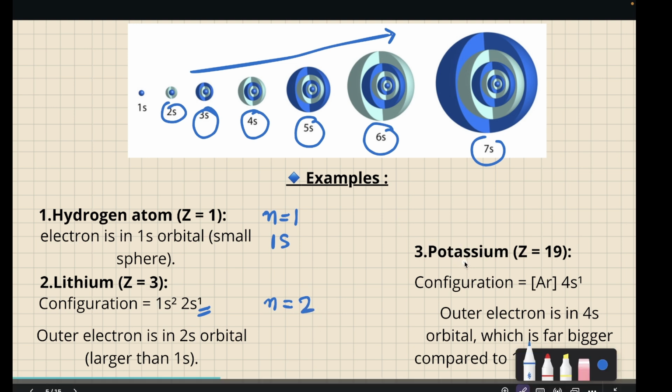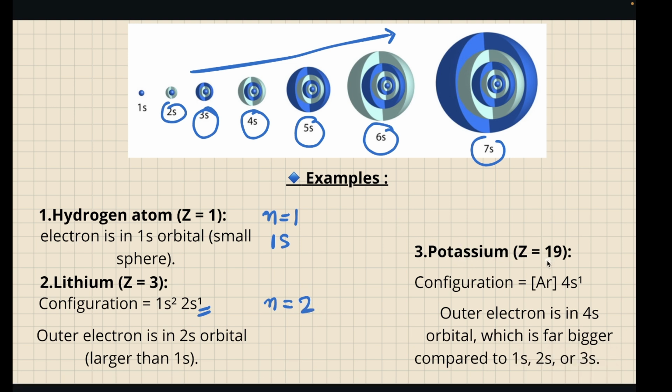And in the case of potassium, which has atomic number 19, its electronic configuration is 1s2, 2s2, 2p6, 3s2, 3p6, and 4s1. Because 1s2 2s2 2p6 3s2 3p6 is the configuration of argon, we can also write the configuration of potassium as [Ar] 4s1.